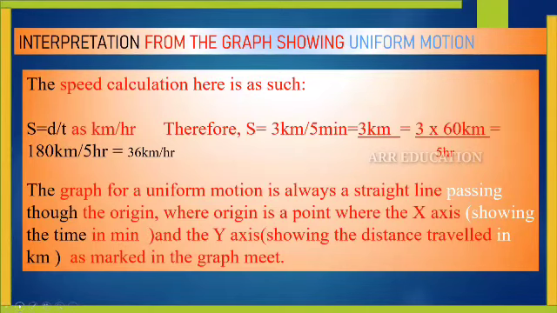And we need to multiply 5 minutes by 60 to convert it into hours, because you know that 1 hour is equal to 60 minutes. To convert 5 minutes into hours, we need to multiply it by 60.